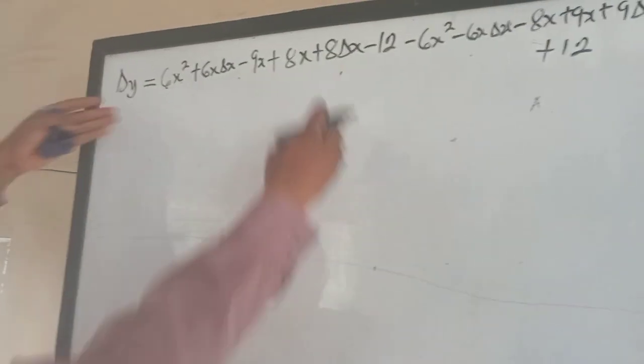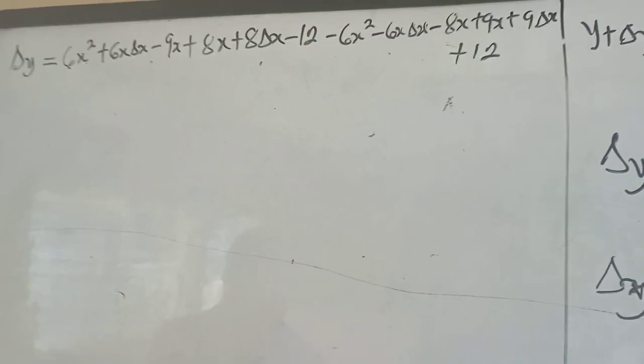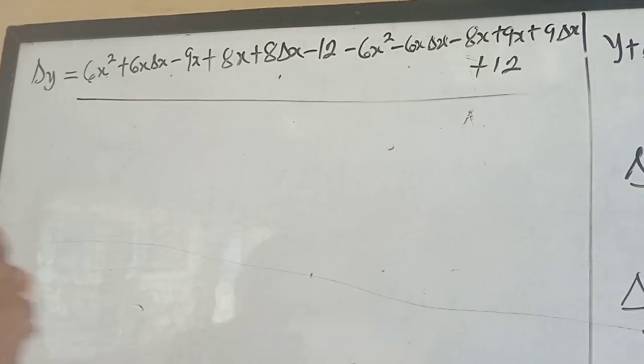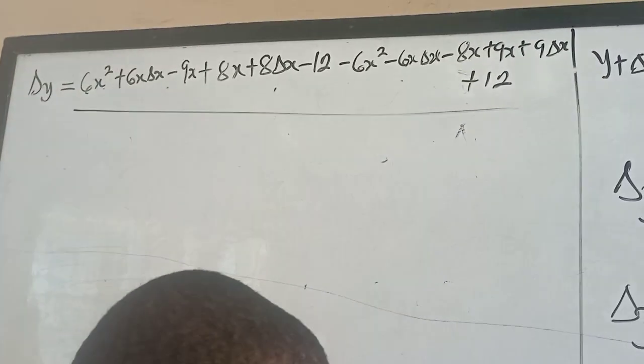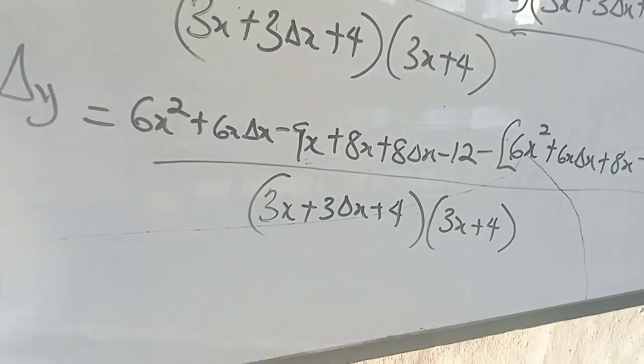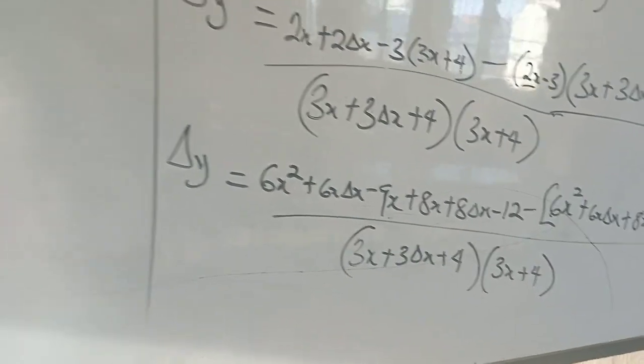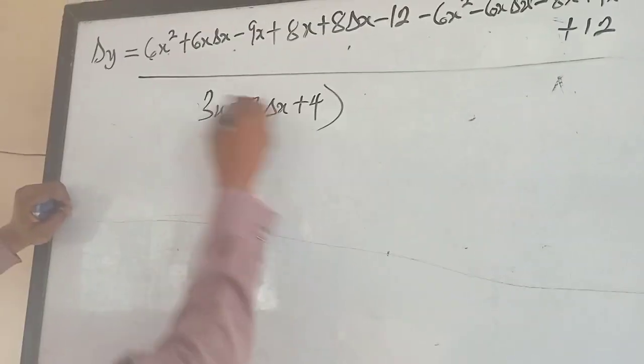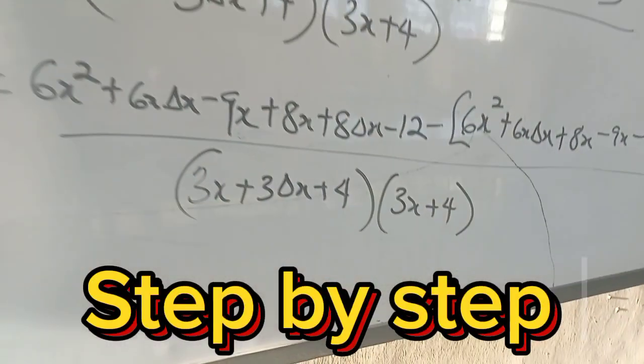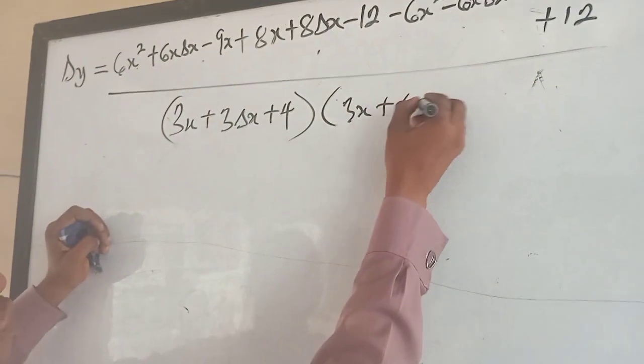Okay? So now comparing all what we are having, all over the denominator, which is 3x plus 3 change in x plus 4, into brackets 3x plus 4.